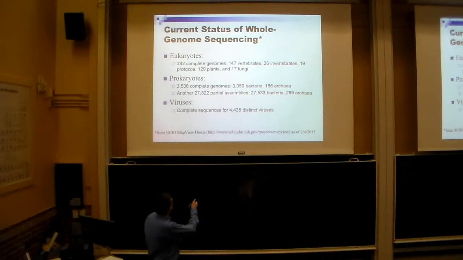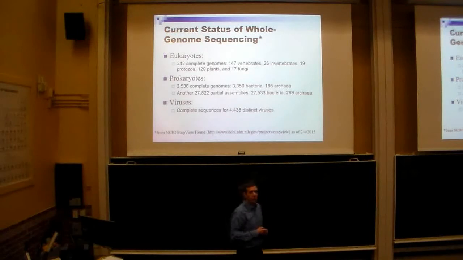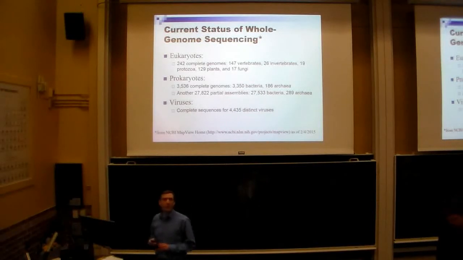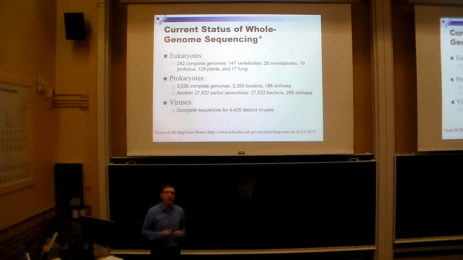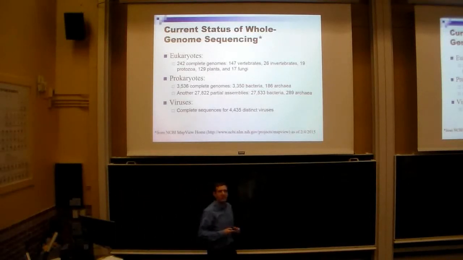So we have some material here I just wanted to mention about the status of whole genome sequencing, because this is one of the things that has really changed dramatically and is very quickly changing what is available to us and what we can do with computational resources. So I think when I started as a professor here, which is not that long ago, there was one vertebrate genome available, so there was the human genome.